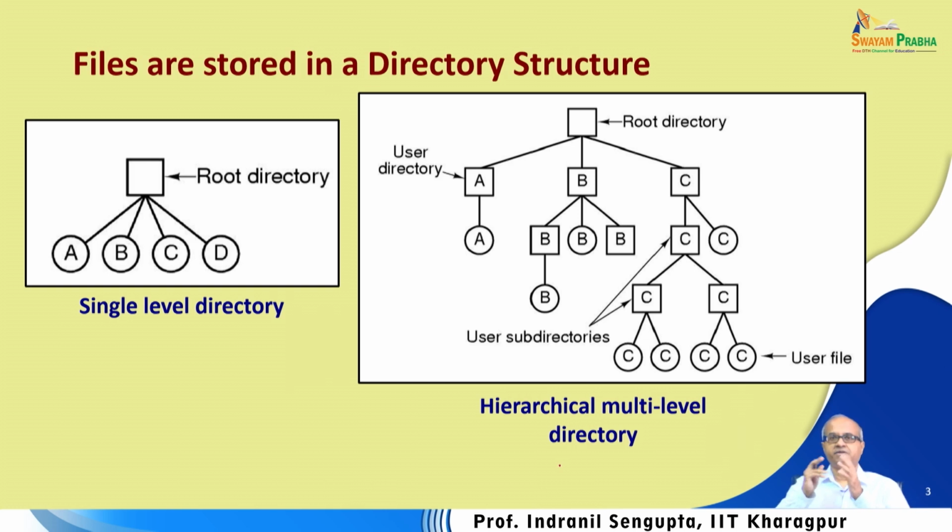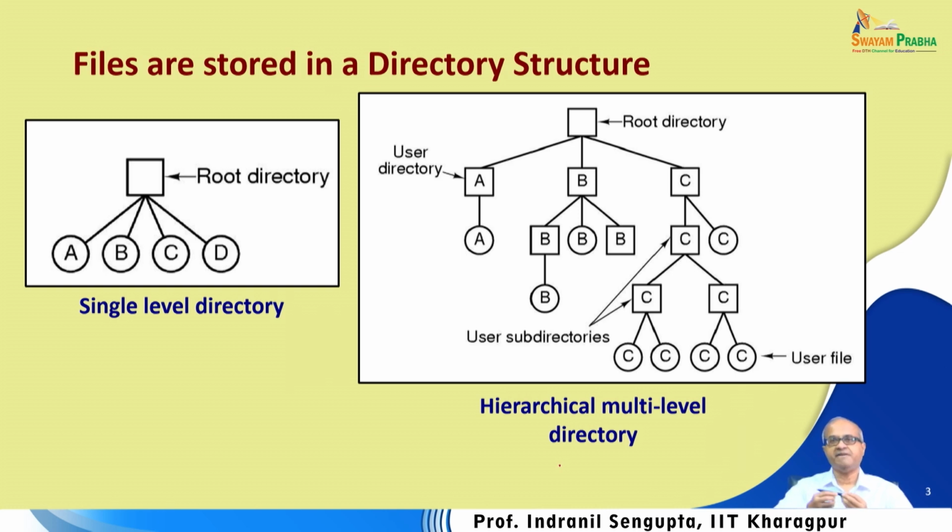Now, the second important thing is an important data structure. Later on we shall see with reference to some very specific operating system like Linux how these are actually stored, but conceptually let us see. When you create a file, we create folders, and under a folder you create a file.